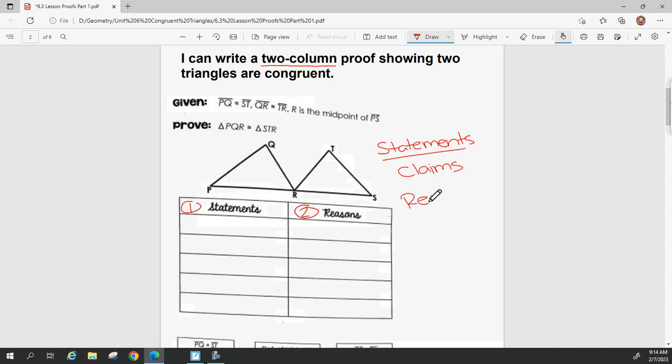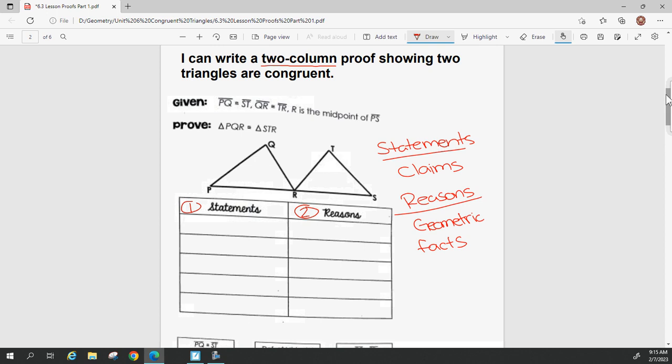Our reasons are the geometric facts that prove or show that our statements are valid.